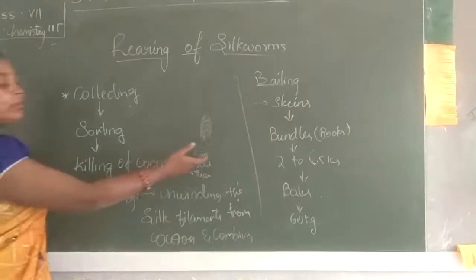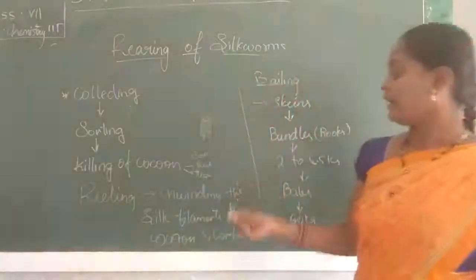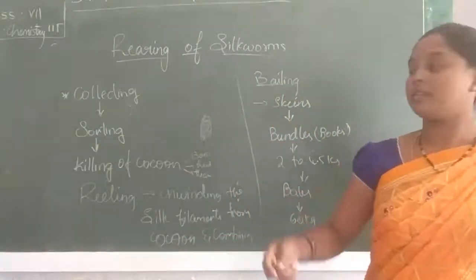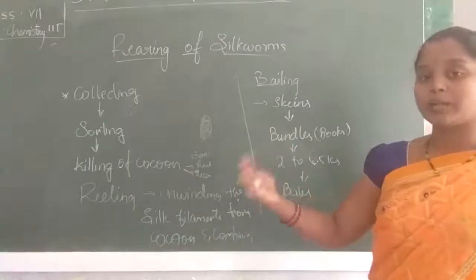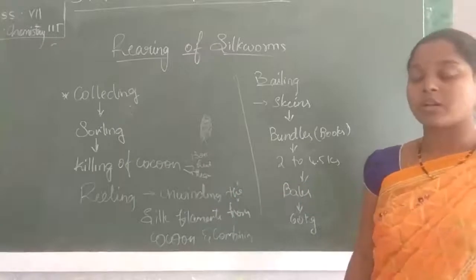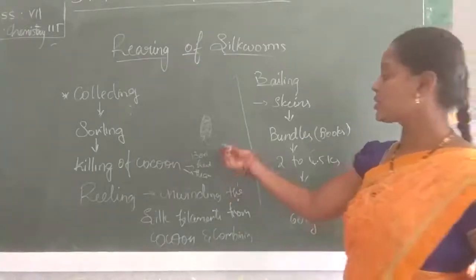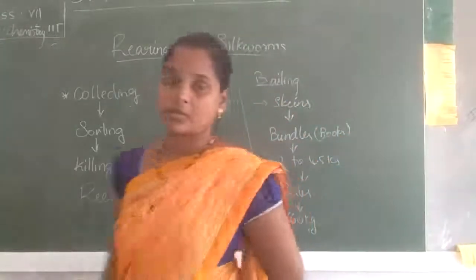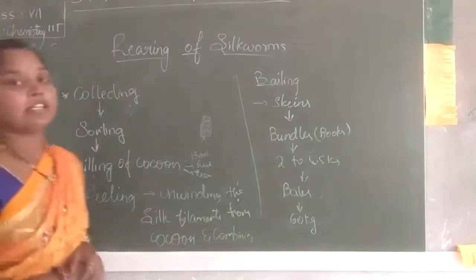So if they put it in boiling water, the pupa will die, and if you provide only heat, not exactly a hot temperature, then the cocoon breaks. And next, if we provide steam, the cocoon will be dead. So we can use these 3 processes. Okay. So once the cocoons are killed, afterwards reeling is done.